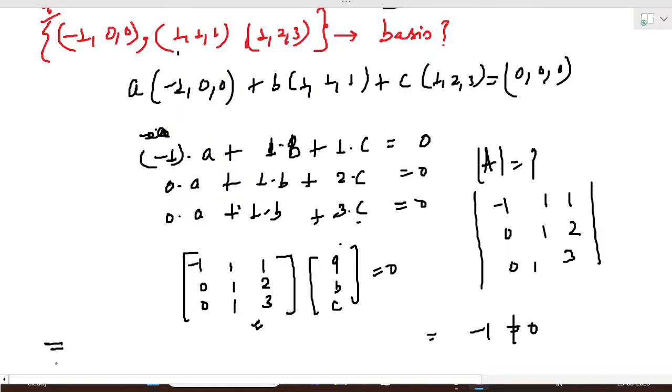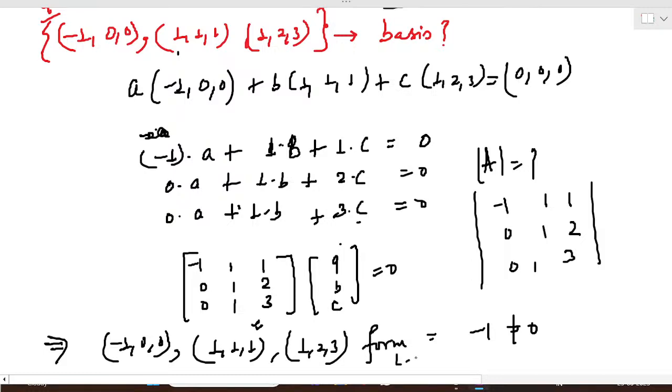So we can say that it implies what? It implies minus 1, 0, 0, 1, 1, 1, and 1, 2, 3 form a linearly independent set of vectors.